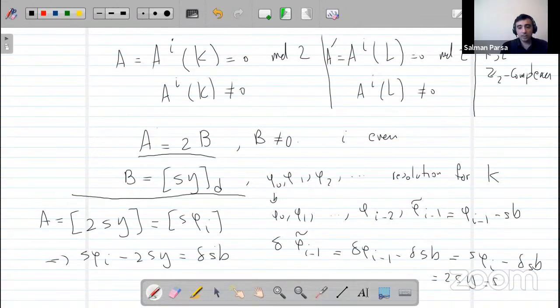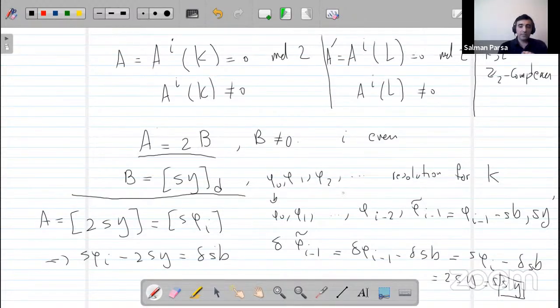This equals S times S eta. So therefore, we can choose for the next term in our resolution this S eta. And now observe that this is a cocycle. And because it's a cocycle, the things which are higher than this will be 0, the other terms of the resolution.